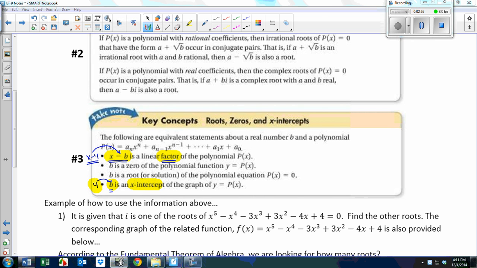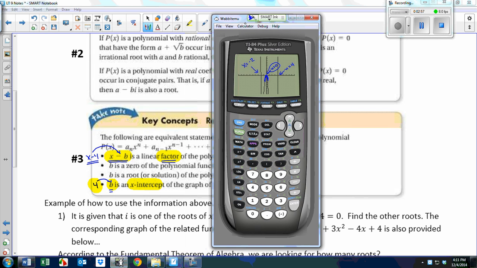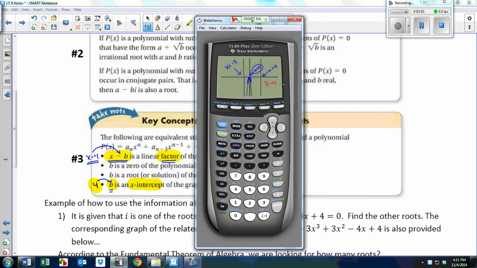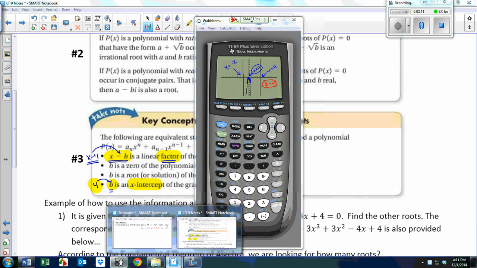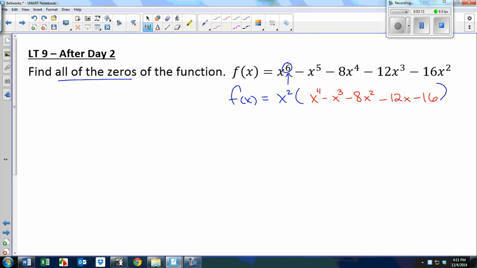So the fact that this function crossed at x equals 4 provides us with a factor, x minus 4, that we can divide or factor out of the answer we got when we factored out the GCF. What that means is this function is divisible by x minus 4.